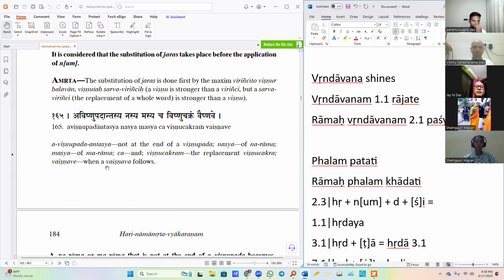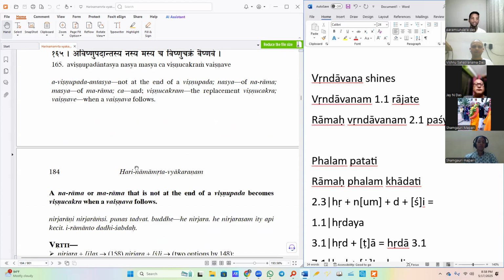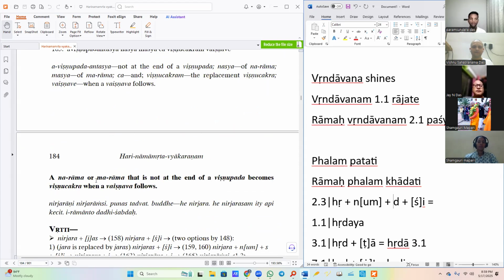the next rule says Avishnu Padantasya Nasya Masya Cha Vishnu Chakram Vaishnave. It means a Na or Ma that is not at the end of a Vishnupada, which means it is somewhere in the middle of a word when we are declining. If we have Na or Ma somewhere in the middle, not at the end of a Vishnupada, it becomes Vishnu Chakra when a Vaishnava is following.